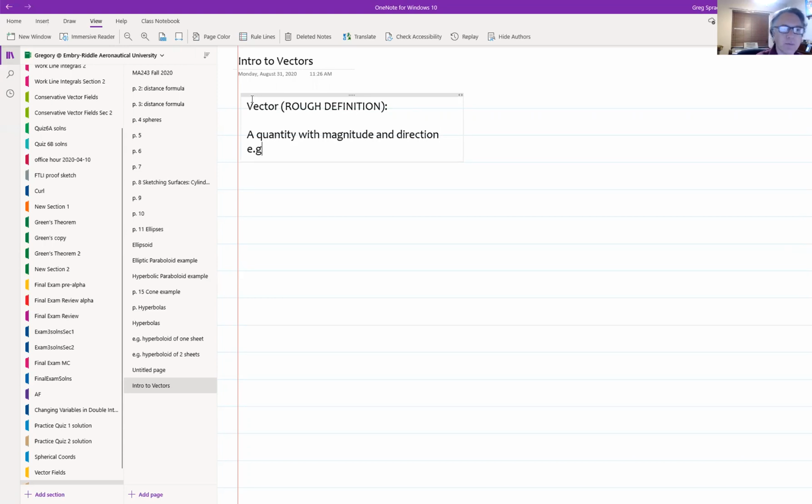So here's some examples. One example is a velocity, such as a velocity of the wind. The wind could be coming from the northwest with a speed of 30 miles per hour, and the speed is the magnitude. From the northwest, it would be the direction.